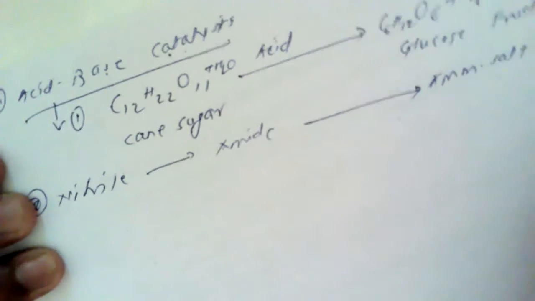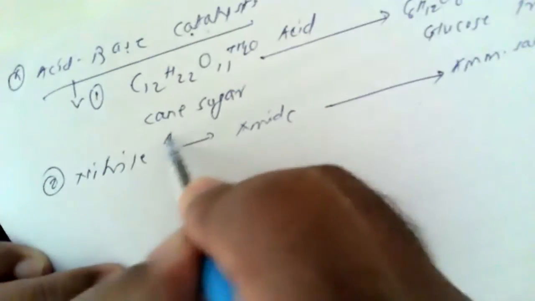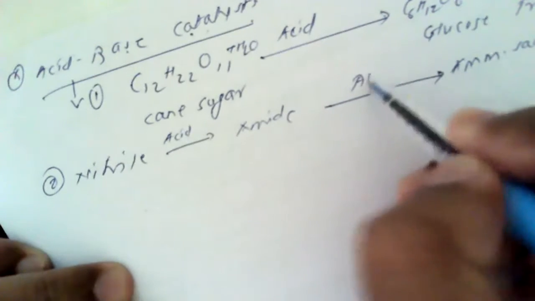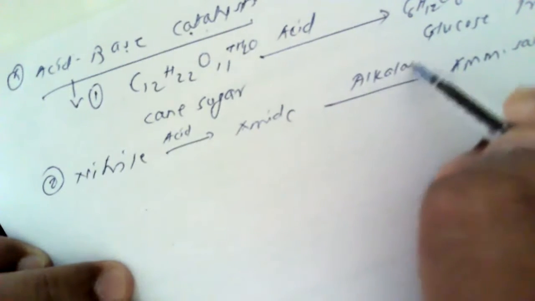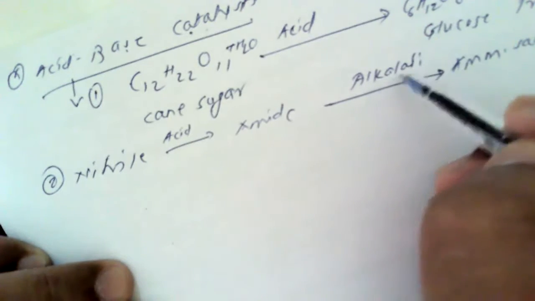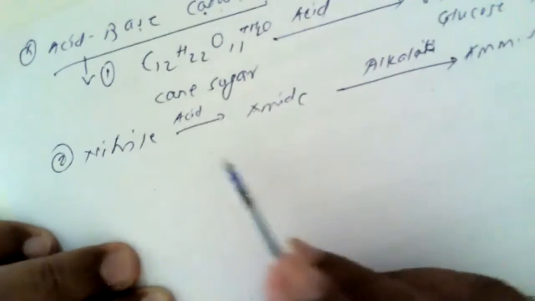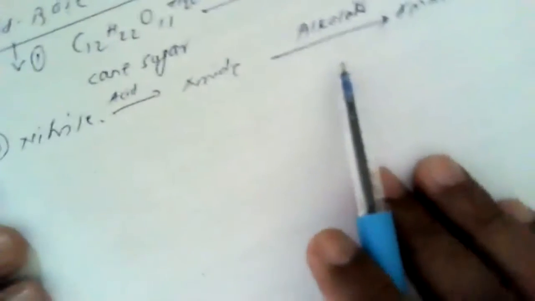This is also another reaction where both acid and alkali, that is a base, are used to convert nitrile to amide and to ammonium salt. Now, the conversion of nitrile to amide and then to ammonium salt is the best known example of acid-base catalysis.